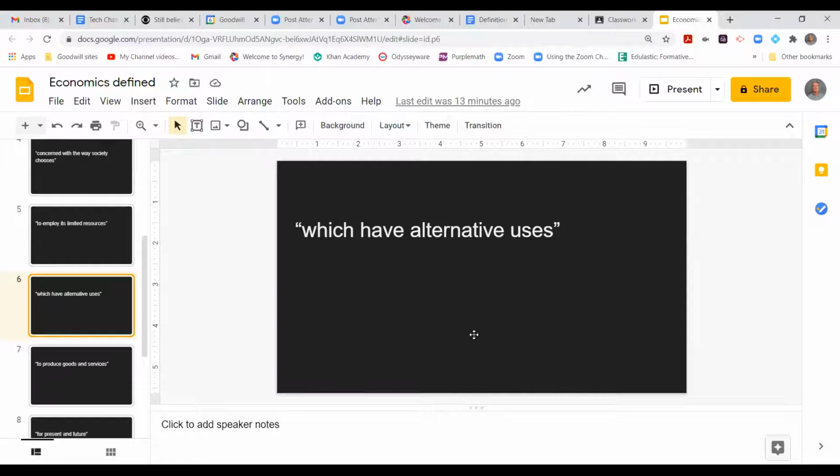So somebody's making the decision to create these products. Companies in a capitalist society are making those decisions because they think they can make money selling them. But everybody's fighting for these resources in a sense.